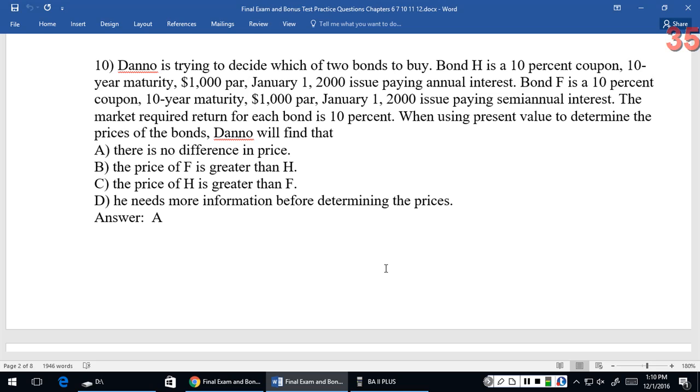And then we talked about what happens if the required return is higher than the coupon rate, the bond would sell at a discount. What happens if the required return is less than the coupon rate, the bond would sell at a premium. Now, if you wanted to, you could calculate the price of each of these bonds, and you'll find they're $1,000. Either way works. It's just, if you understand bond valuation and the theory behind it, then you could probably tell there was no difference in the price.